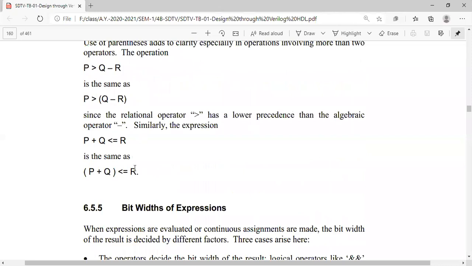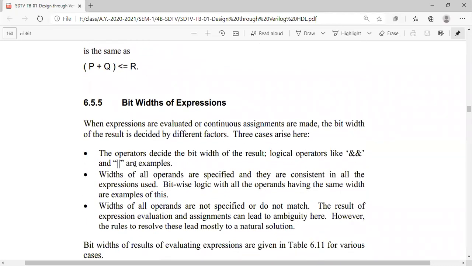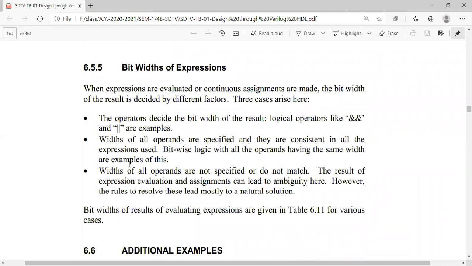So what we have discussed so far will help us regarding operator precedence. Next, what is the bit width of an expression? That means you should know, after performing so and so operation, what the bit width of the end result should be. For that purpose we are learning this, right?